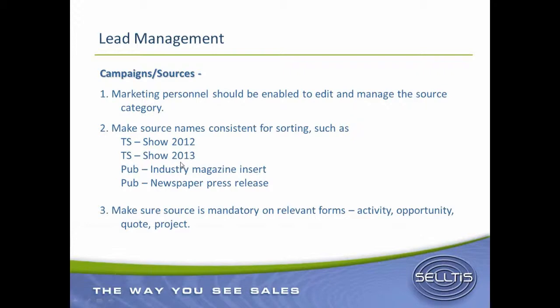Okay. And then I want to make sure that that source is mandatory where you need to report on it. So frequently that's an activity log purpose lead or purpose inquiry, but it could be such that you want to make sure that that source is following through from a lead to an opportunity, or directly onto an opportunity, or from a lead right onto a quote if that is your process at your particular company.